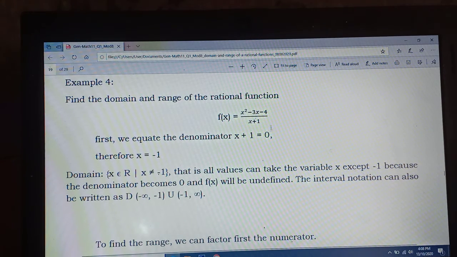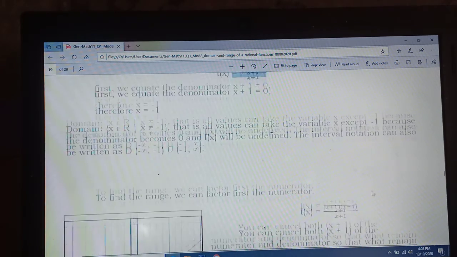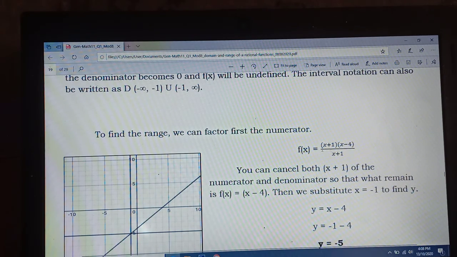We have x squared minus 3x minus 4 can be factored as x plus 1 times x minus 4 all over x plus 1. And since x plus 1 is a common factor in the numerator and in the denominator, you can cancel the x plus 1 to come up only with y is equal to x minus 4.